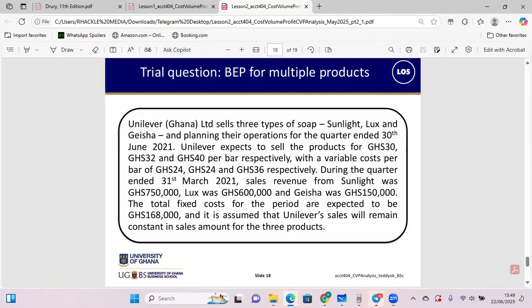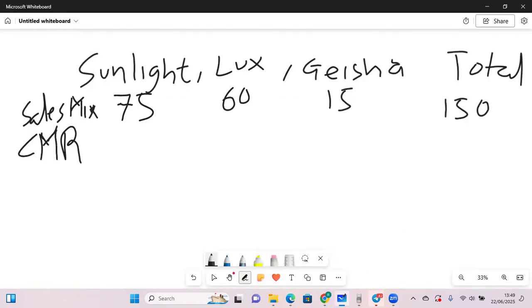That is going to be the contribution margin ratio for that one.